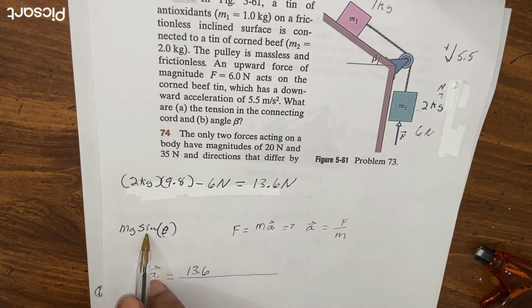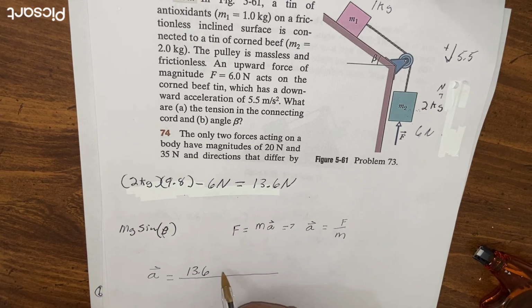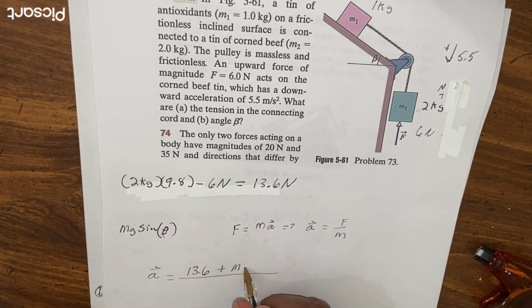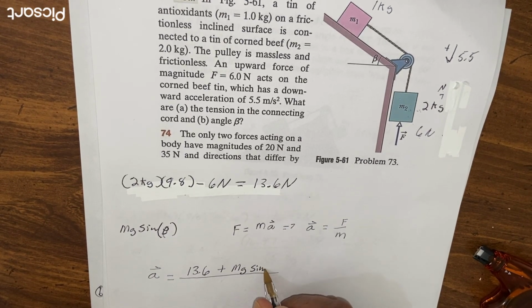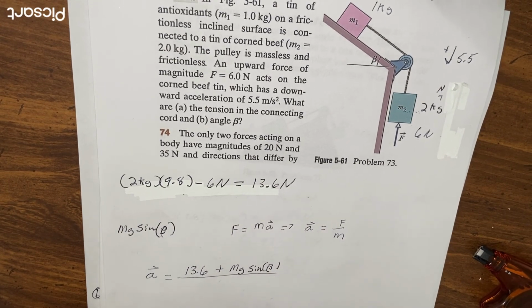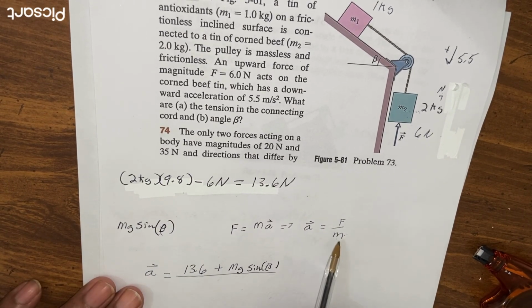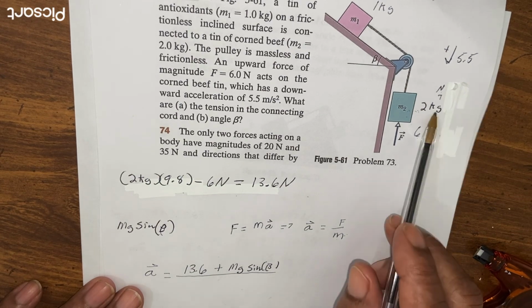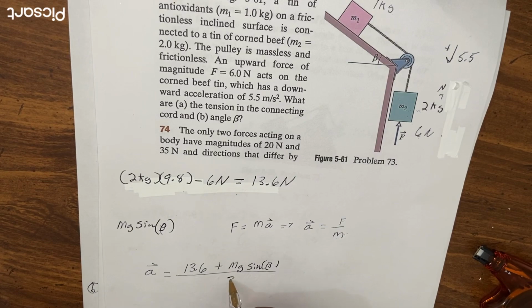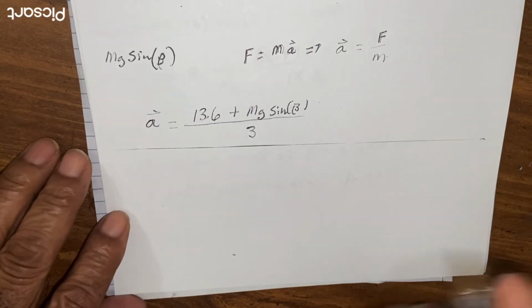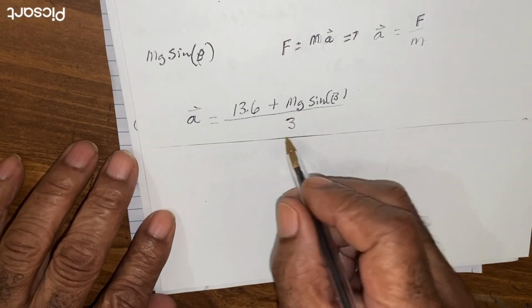And the other force is, and it's going the same way, mg sine beta. That's what we're looking for. And over the total mass, this is the total mass. One is 2, and the other one is 1, so that's 3. So this is 3 times A.